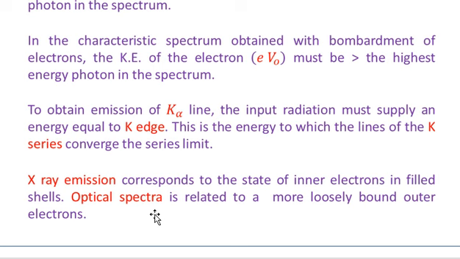That is, when the valence electron is excited or moved to higher orbits, the spectrum that we observe is normally referred to as the optical spectra. It is related to more loosely bound outer electrons, whereas the X-ray emission spectra is related to the inner, strongly bound electrons in the inner shells.